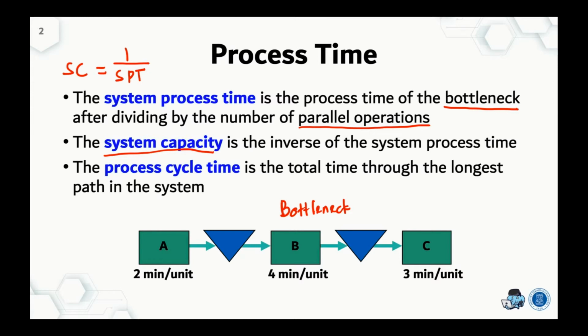Since there is no parallel operation, the system process time is equal to 4. And the system capacity here is 1 divided by 4. So this is the system capacity, and the process cycle time is equal to 2 plus 4 plus 3, which is equal to 9 minutes. So this is the definition of the process time and its elements.